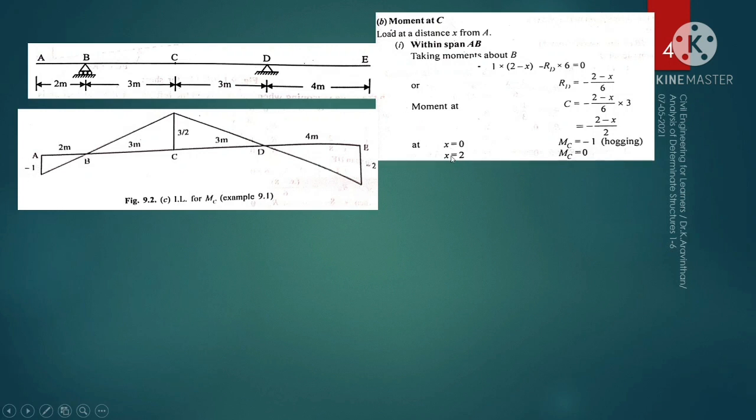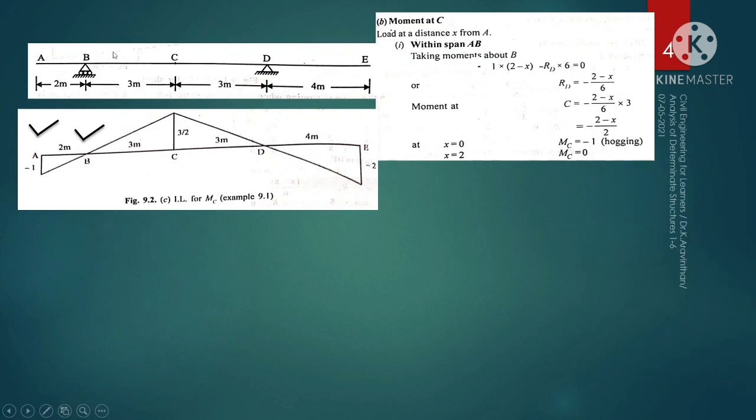And if I substitute 2 here, 2 minus 2 will be 0 and 0 by anything will be 0. Hence, at point B, the influence line is 0. Now we have found the influence line between A and B.